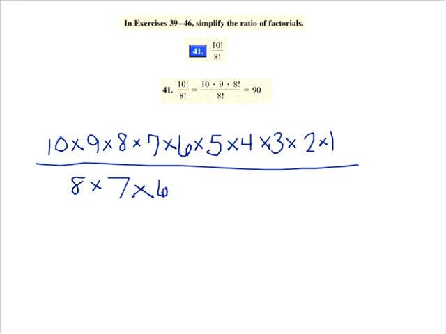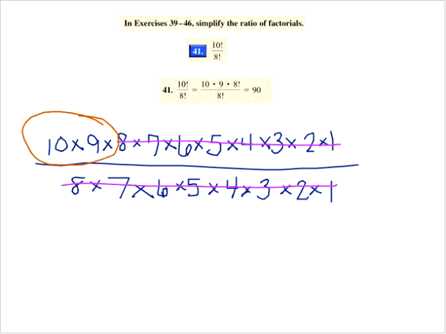Before you actually multiply, let's cancel out anything they have in common. It'll make our lives a lot easier. They have 8 through 1 in common, so let's cancel those out. All that's left is 10 times 9 in the numerator, which gives us 90.